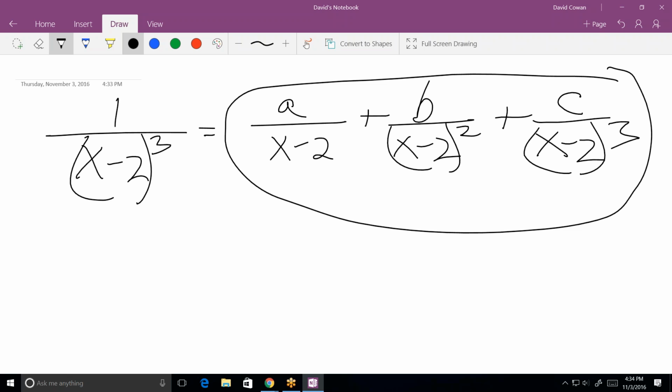So there might be an x minus 2 squared denominator or an x minus 2 denominator. So you have to allow for all combinations. Hopefully you don't get a problem like to the 13th. Oof, that would not be fun.